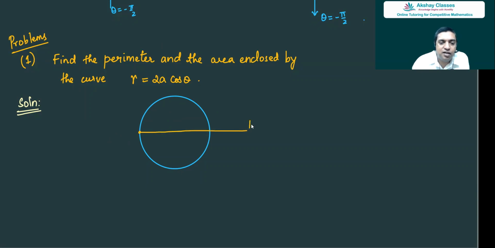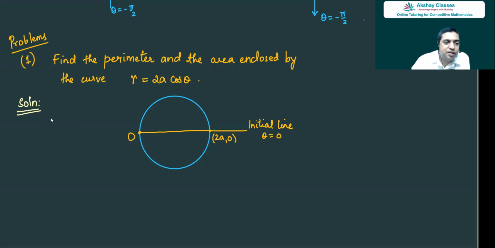This is the initial line, theta equal to 0. Okay. This is the circle pole. This is 2A comma 0. 0 comma pi by 2. Very simple. You don't have to do anything.